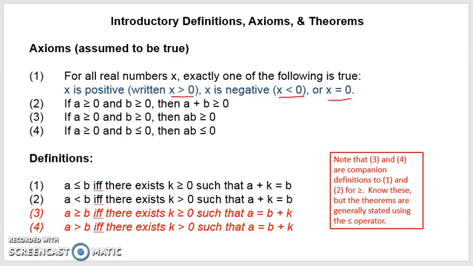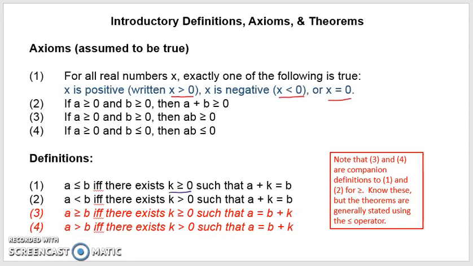Definition 1 states that a is less than or equal to b if and only if, and remember, if and only if essentially means it's bidirectional, there exists a non-negative k such that a plus k equals b. A is strictly less than b if there exists a k that is strictly positive such that a plus k is equal to b.